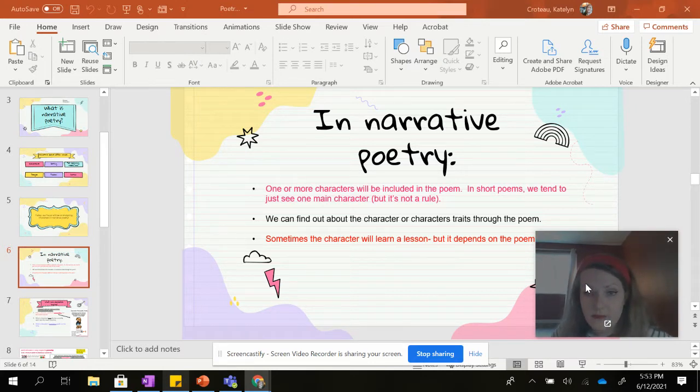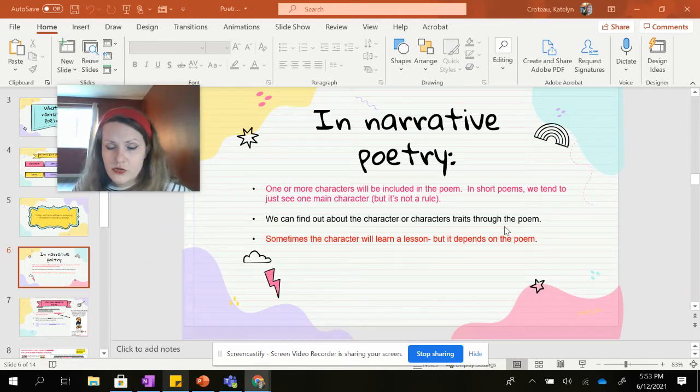Depends a lot on length. And as we're reading these poems, we can find out about the character or character traits through the poem. As we read, we can infer some things about how that character acts and thinks. Sometimes the character will learn a lesson over the course of the poem, but it really depends on the poem. Definitely not every time.